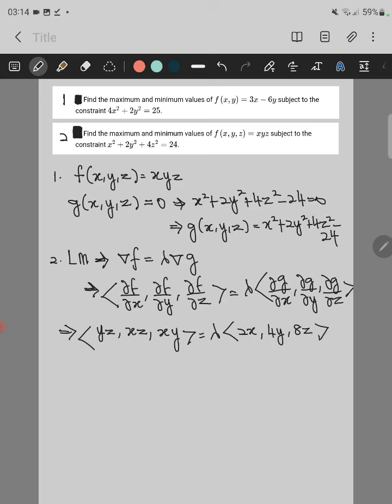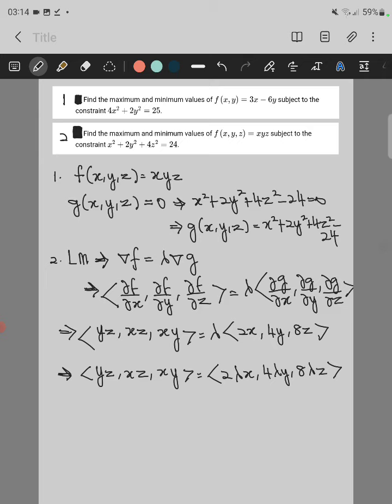So from here it follows that we have (yz, xz, xy) equals (2 lambda x, 4 lambda y, 8 lambda z).